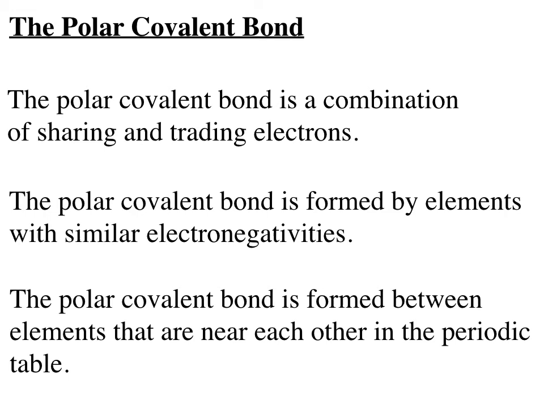So a polar covalent bond is an intermediate of the covalent or the ionic bond, as the name implies.